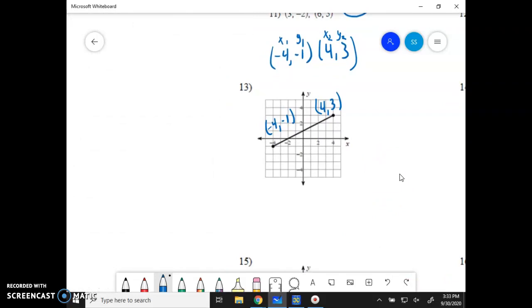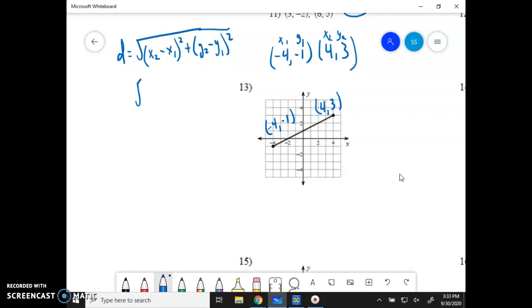All right, I'm going to rewrite the formula for you here. d is equal to the square root of x2 minus x1 squared plus y2 minus y1 squared. Okay, so now we just go ahead and plug these numbers in. So I'm going to plug them right underneath here. x2 is right here, 4.